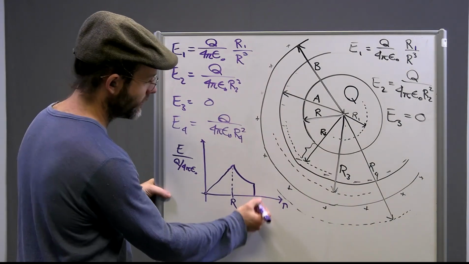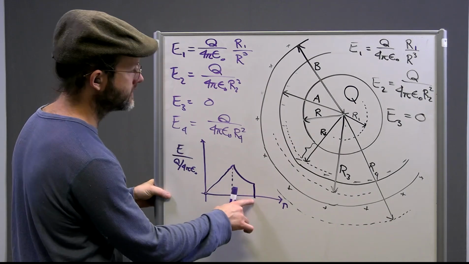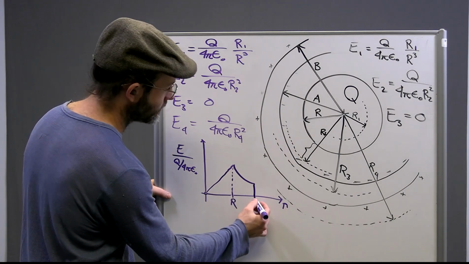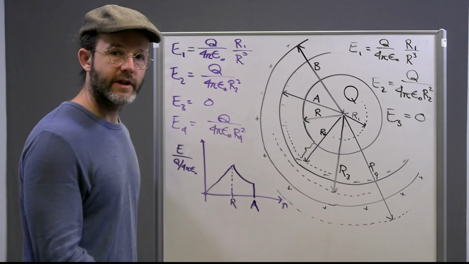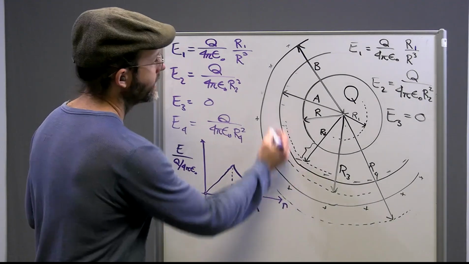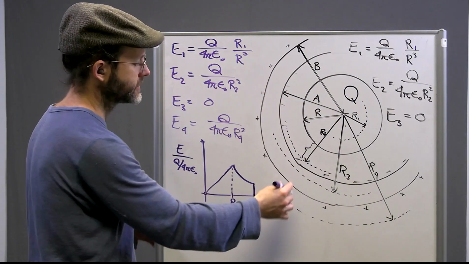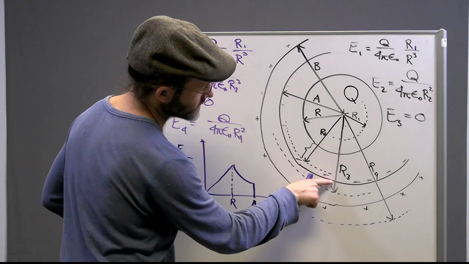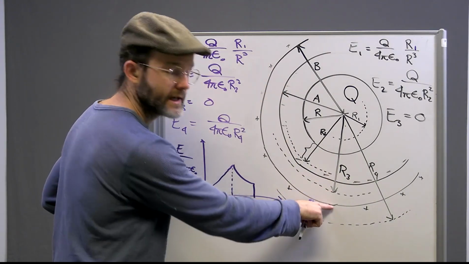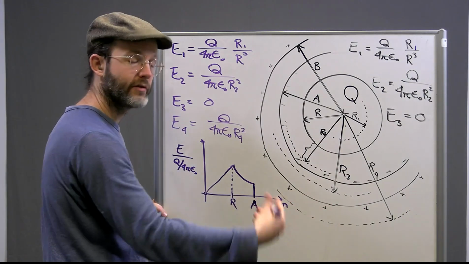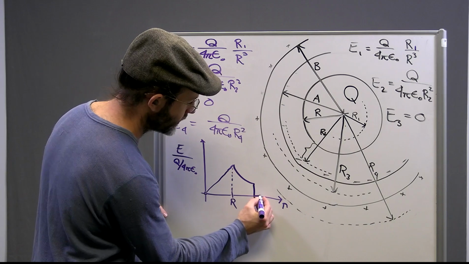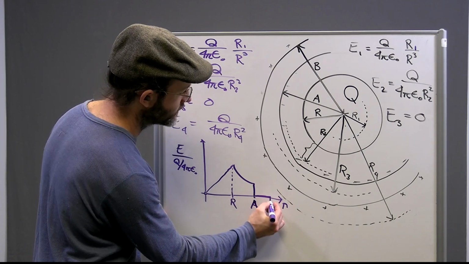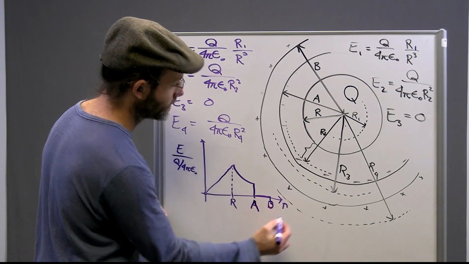So we must have a discontinuity at R equals A. And then the electric field is 0 everywhere inside this conducting spherical shell. So it's 0, 0, 0 until we get to this other boundary of induced positive charge. We take a step over that, so we're 0 until we get to R equals B.